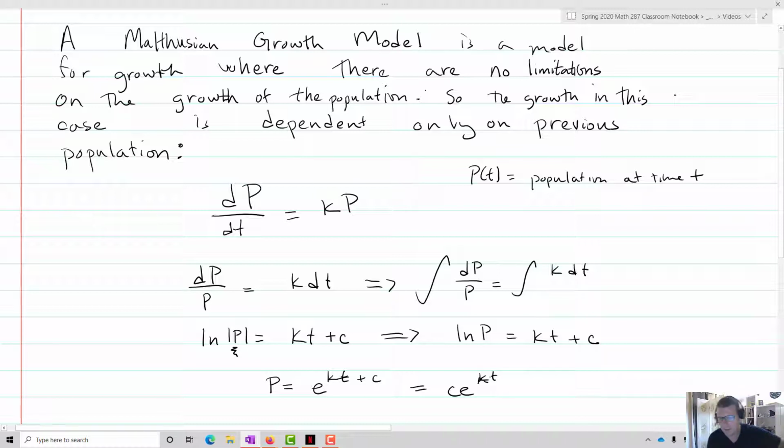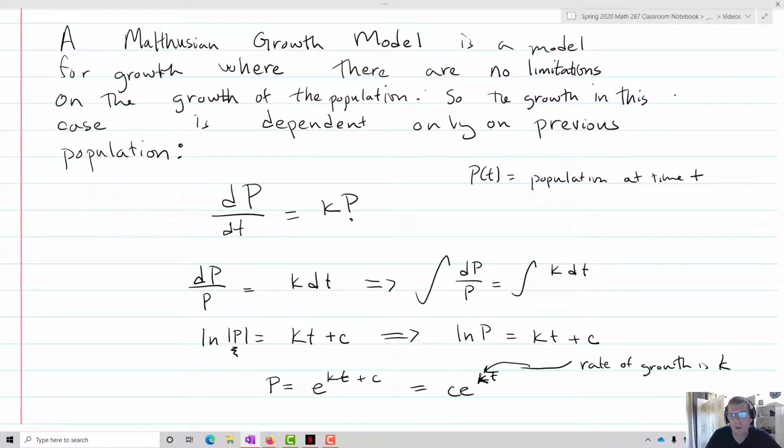So the Malthusian growth model is an exponential growth model, right, where our rate of growth is this value k. In fact, any differential equation where we take a constant multiplied by our dependent variable is going to end up being one of these exponential growth models, okay? So in this case, we might look at it like the growth of a bacterial culture or the growth of something else.